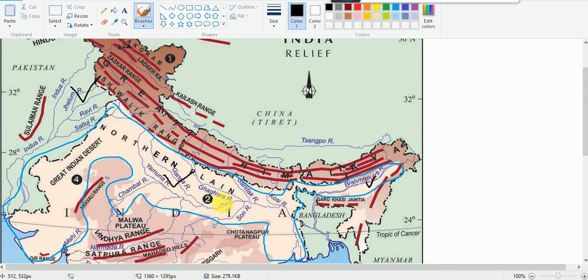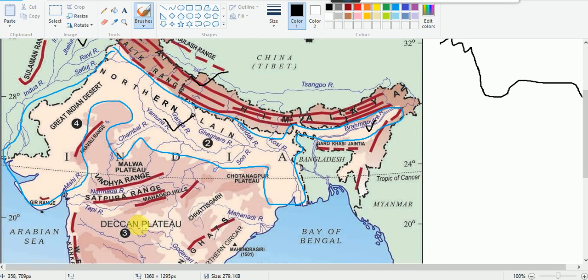And actually see here, these are the Himalayan mountains as you are seeing here. When the Himalayan mountains were uplifted, just south of it there was a depression like this. And this is the Peninsular Plateau part, this area.